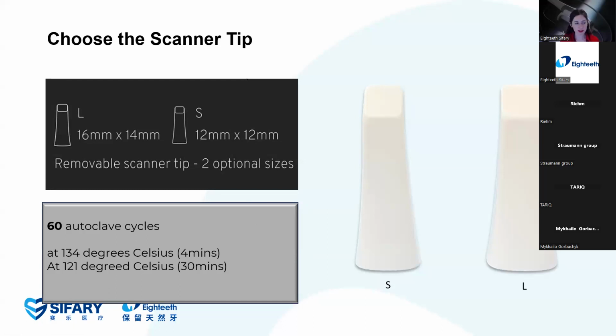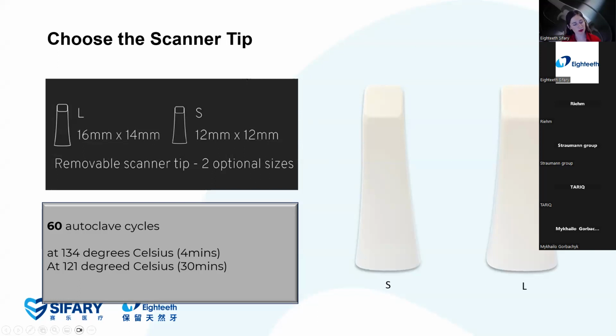Yeah, this is the question. We recommend 60 cycles, and I'm going to also share how to autoclave, but it's 134 degrees Celsius for 4 minutes, or 121 degrees Celsius for 30 minutes. The usage cycle we recommend is 60.